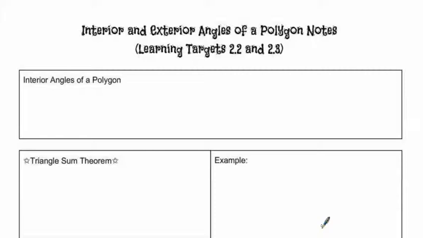All right, so we start with our interior angles of a polygon. There isn't a formal definition here on this first one. It's just a matter of defining what we mean by interior angles. So let's start with a polygon. Now, of course, interior means it's simply inside. So here the interior angles would be here and there.